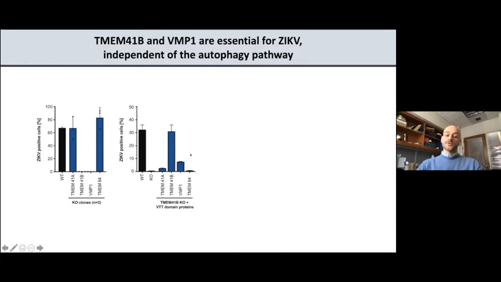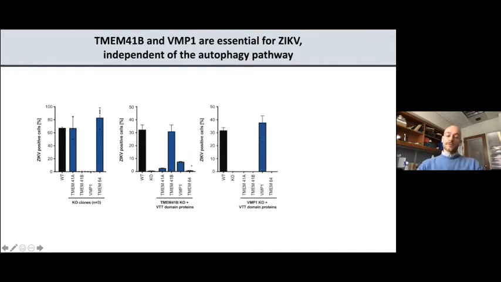But we're also seeing that overexpression of VMP1 in the absence of TMEM41B can partially rescue infection of Zika virus. And similarly, we took one of the VMP1 knockout clones, and overexpression of VMP1 can rescue infection. So we confirmed that VMP1 and TMEM41B are host factors, but then we also wanted to go on to see how much of the autophagy pathway is actually needed.